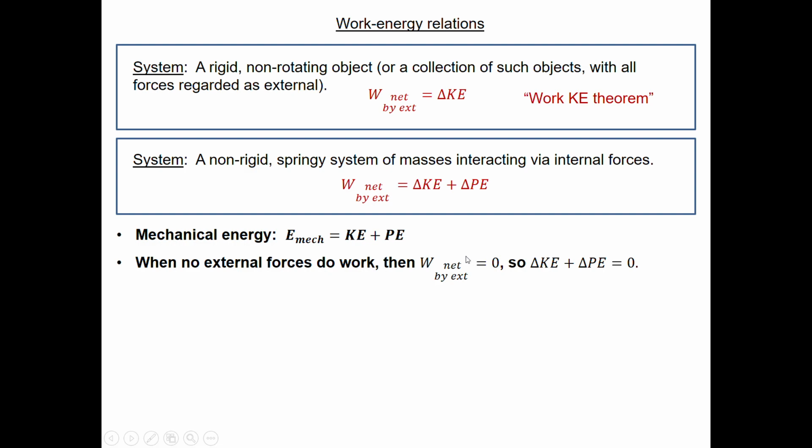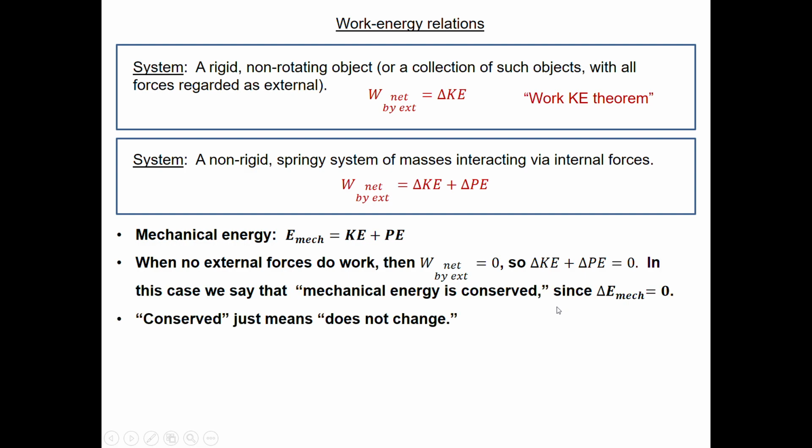In the very common situation where no external forces do any work, we're going to see that for the right definition of the system, oftentimes there are no external forces to be found, or if there are some, they don't do any work. So often, as we'll see in examples, the left-hand side is 0. And so in that case, if external forces do no work, then the change in the mechanical energy is 0.